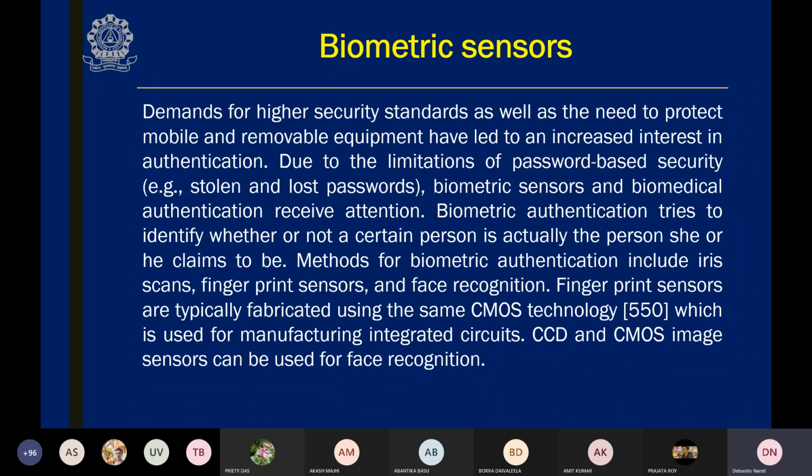So this kind of biometric sensor can be used for authentication. But obviously biometric is not so secure, because your biometric information may be stolen by some person and used for breaking into your mobile or computer.